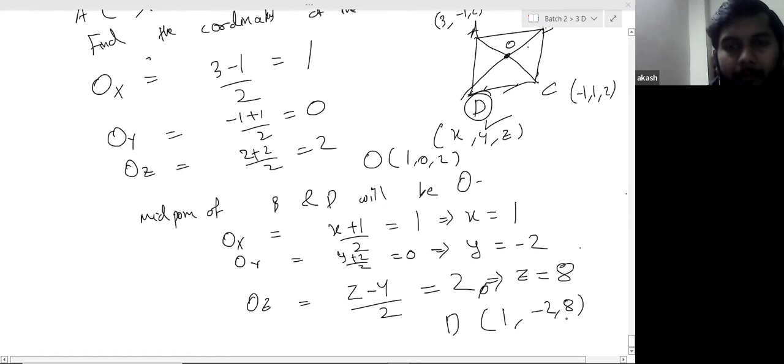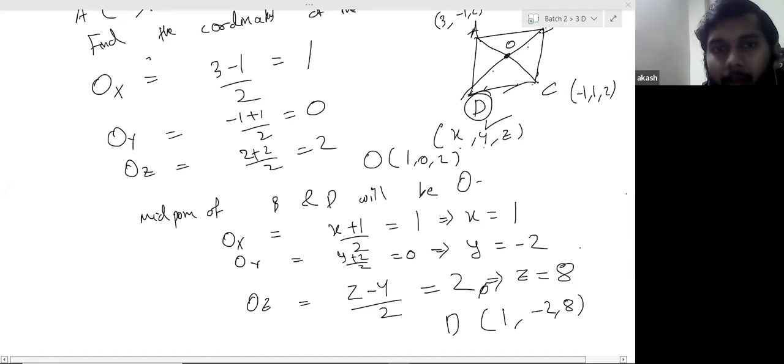Rahman, clear? All right, Rahman, see. The midpoint of A and C is O, and same for B and D. I assume the coordinate for D is x, y, z. All right. So I can find the coordinates of O in two ways. Either I find the midpoint of A and C, or B and D. Right, Rahman? Clear till now? There are two ways to find.